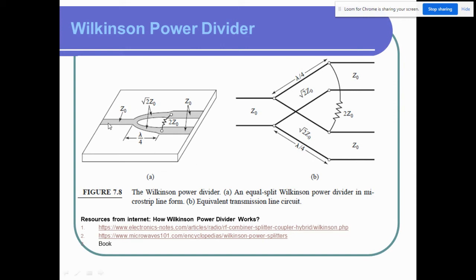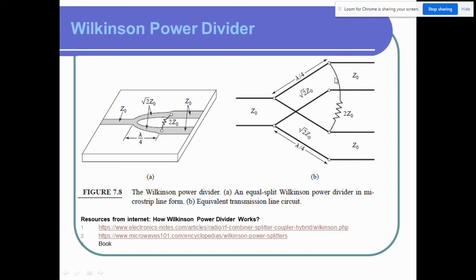A Wilkinson power divider is microstrip in nature. Usually, this is a microstrip Wilkinson power divider, which has an input. This is the basic structure in terms of the wavelength and the characteristic impedance. The basic structure is that there will be a line here, which has a line impedance of Z0, which can be 50, 70, 80, whatever.